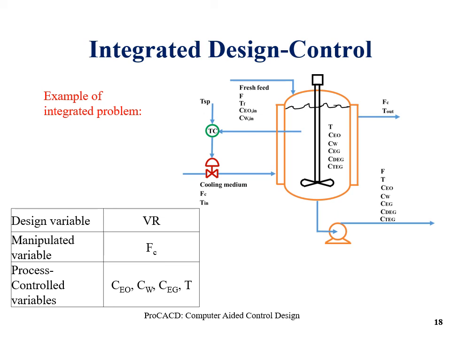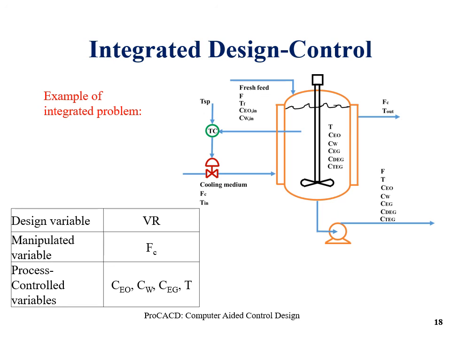The reactor should be maintained at a particular temperature, which is T. For this you will maintain a cooling medium and regulate the reactor temperature by adjusting the flow rate of the cooling medium. At the end what you get is of course some unreacted raw materials and three products in the form of EG, DEG and TEG.